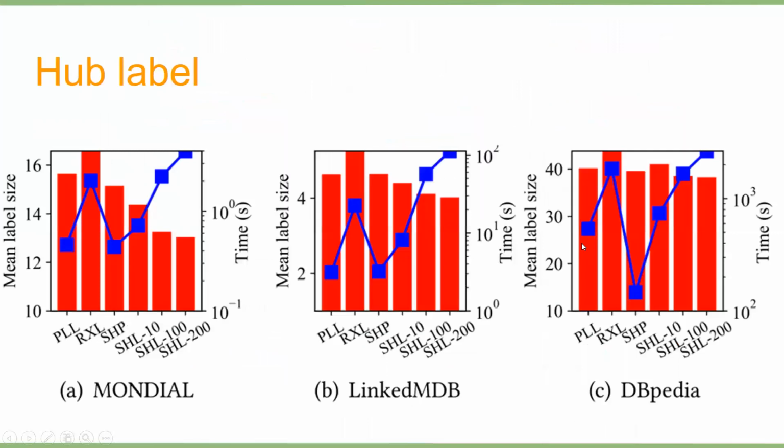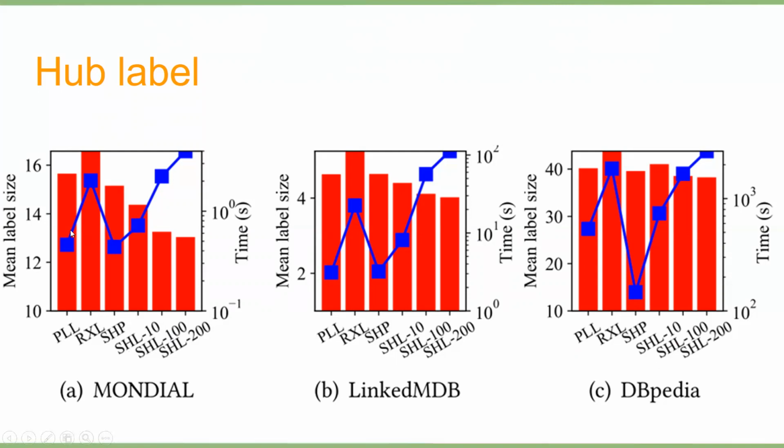Then we consider the average label size and its running time. PLL, XL, SHP, we have mentioned. We have SHL with 3 variants, with 10 pivots, with 100 pivots, with 200 pivots. We decide to use 100 pivots.